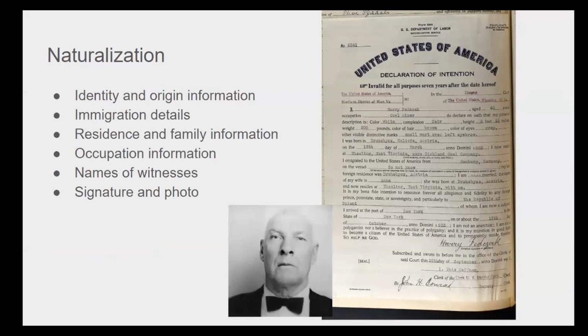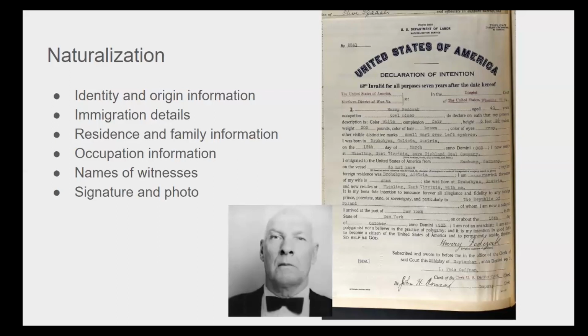And the process and the records available are going to be dependent on when and where your ancestor naturalized. So these documents hold a lot of value because they contain information related to the person's identity and their origins, and you might find data like physical description, birth year, place of birth, which often features the town name.